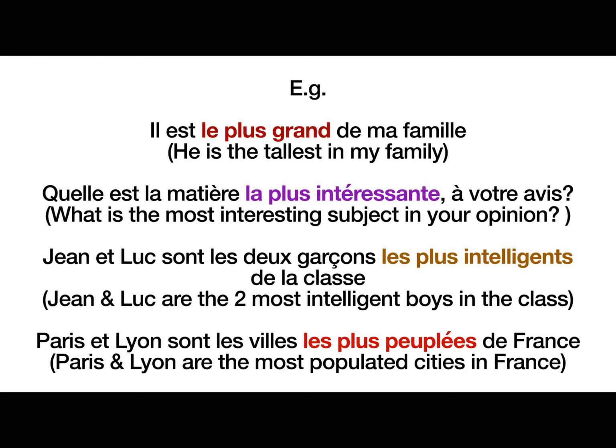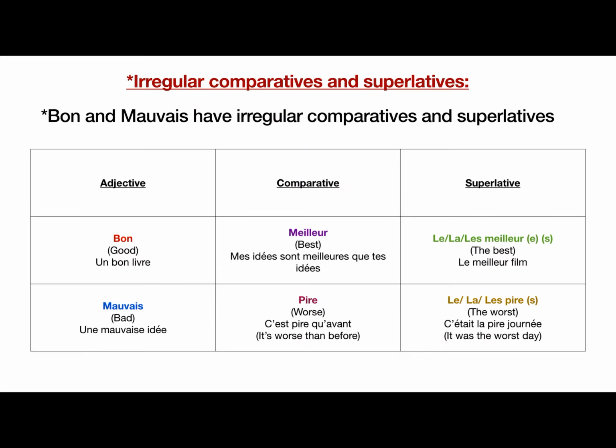So if your definition, someone being the biggest, the tallest, the most beautiful, the most interesting, the most intelligent, you put le, la or les before plus. Paris et Lyon sont les villes les plus peuplées de France. So Paris and Lyon are the cities the most populated in France, or we would say Paris and Lyon are the most populated cities in France. So les plus peuplées, okay?